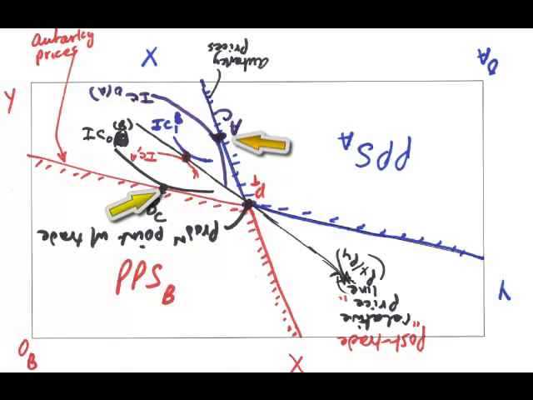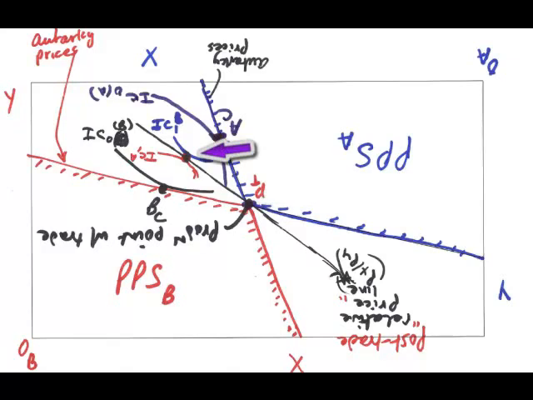In other words, if you recognize that each point in the analysis represents a level of good X and a level of good Y, then you could see that a point such as this one right here contains more of good X, and there will be an increase in good Y. We're saying at the ultimate end of this analysis that when two countries that are minding their own business, so to speak, recognize the mutual interdependence, they will change their production patterns, produce at full employment, and then trade their way back to the intersection of these two higher level indifference curves.